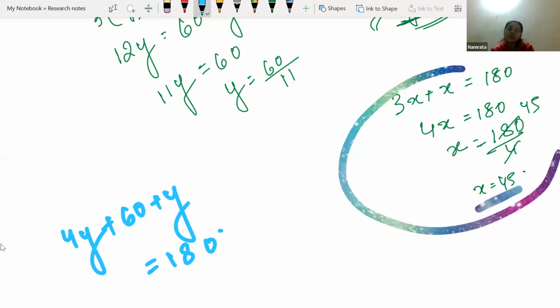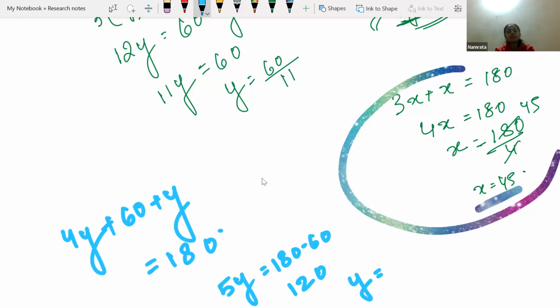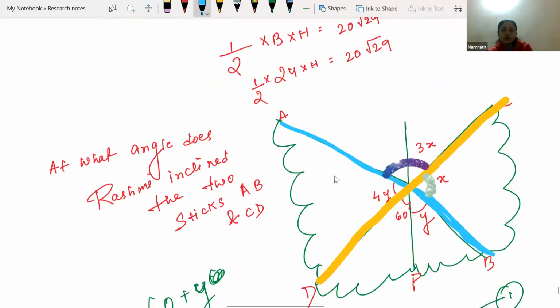So from here we get 5y is equal to 180 minus 60, that means 120. That means y is 120 by 5, which is 24 degrees, and x is 45 degrees.